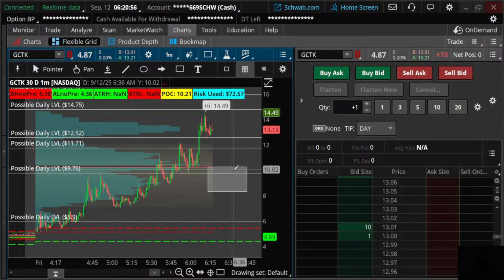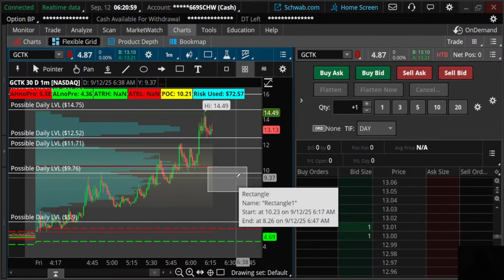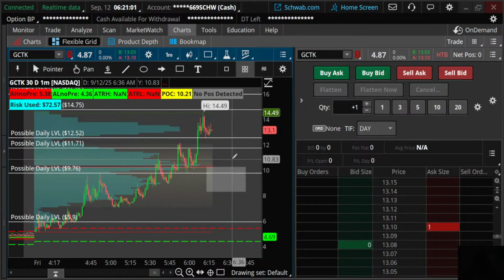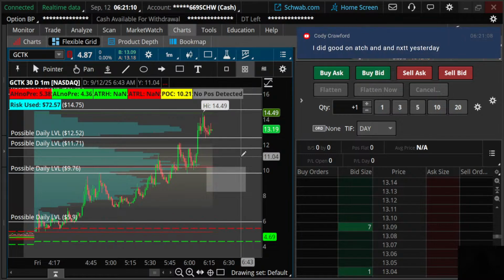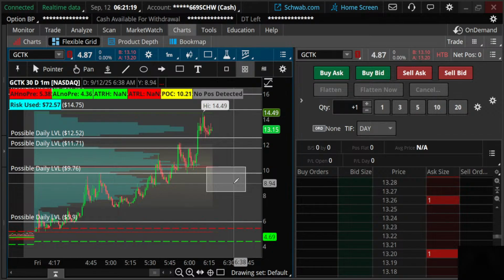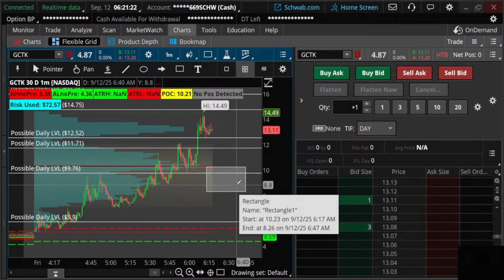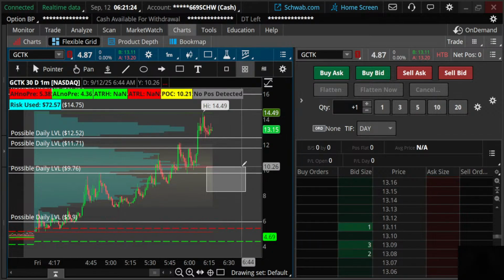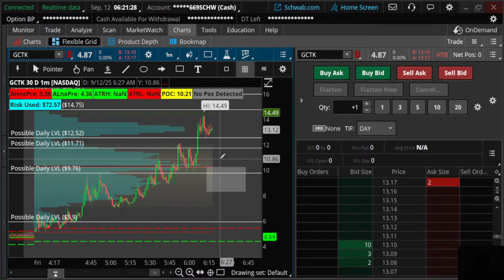Okay, 1104. Looks like a little bit of transition here. 1104 is up here on the 15 minute, is where the point of control is on the 15. And then the 5 is showing 994 now. Okay. We'll see what happens. Kind of transitioning to a new zone.